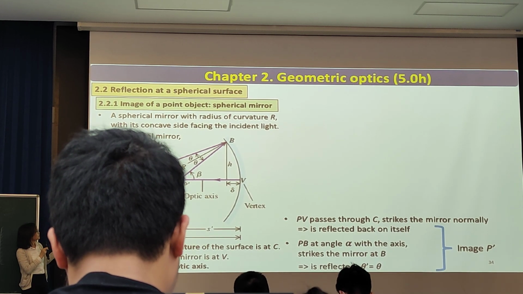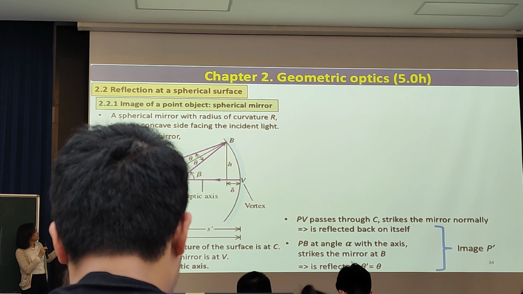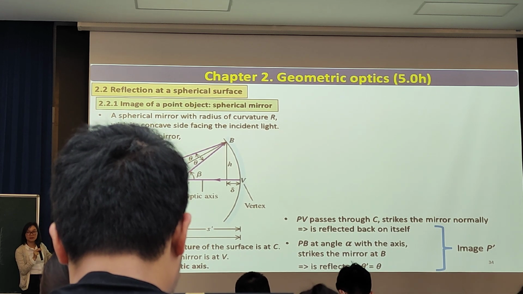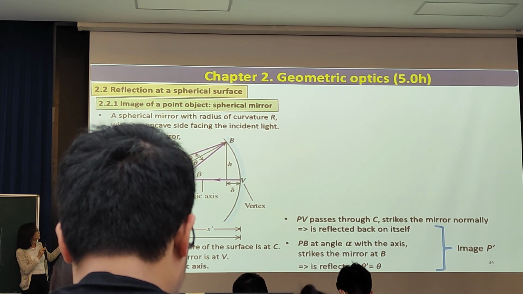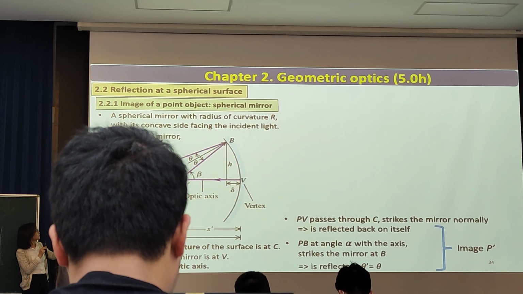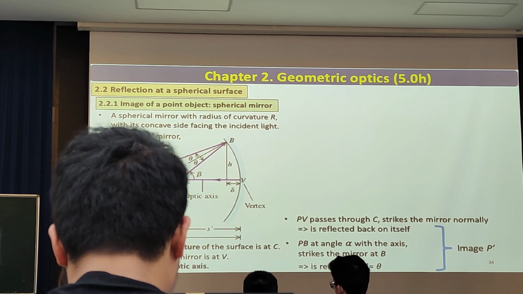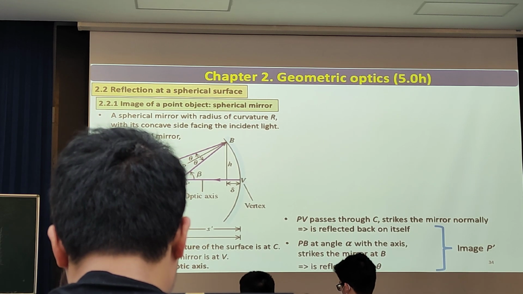And pay attention to this notation alpha, beta, theta here as well, and this is phi. The angle at the center of curvature, we denote this phi. You see here phi. Alpha from the optic axis to this first ray PB, and these are the two angles theta here and here, like the student just denoted.